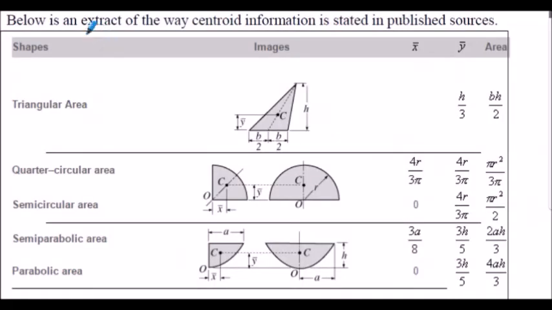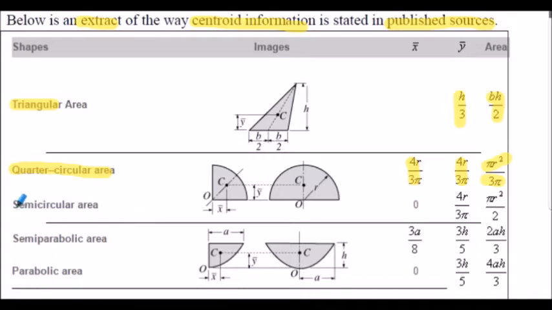And just for reference, below is an extract of centroid information from published sources. Engineers often refer to standard information in textbooks, reference books, etc. And here you can see a triangular area is given where we have the y bar location and the formula for area. We have a quarter of a circle. We have an x bar location, a y bar location, and the area.